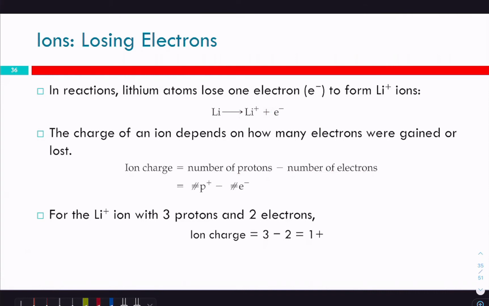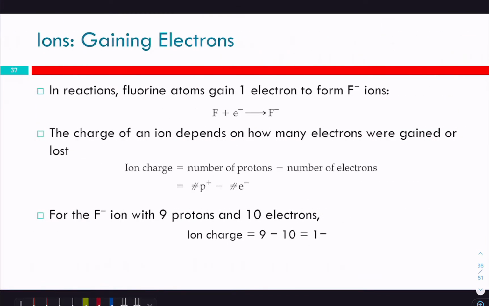So yeah, ion charge: just take the number of protons, subtract the number of electrons, and that'll give you its charge. If we're gaining electrons, you could write this out as elemental fluorine, so no charge there, adding 1 electron to it, and getting fluorine 1-. If we were to calculate that out, again, it's the number of protons minus the number of electrons.